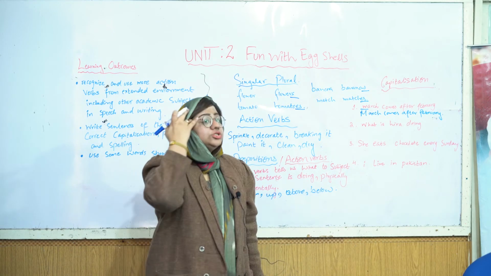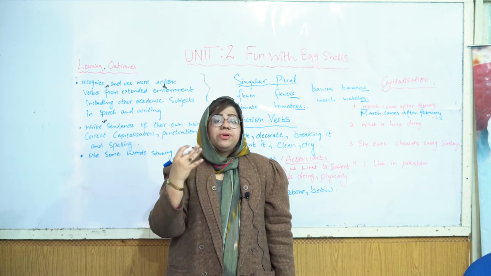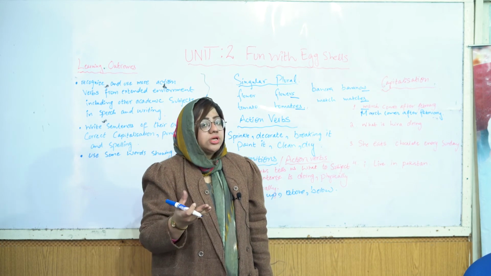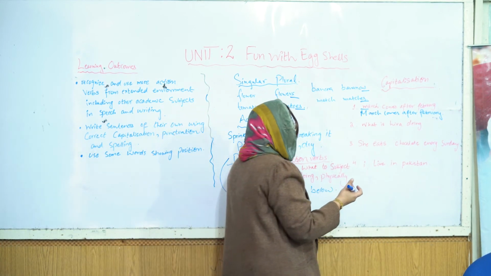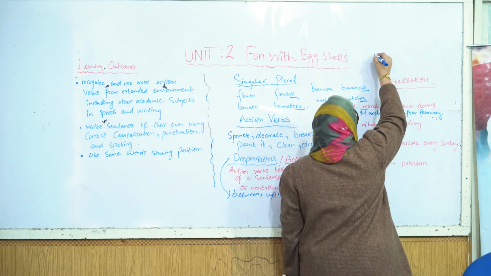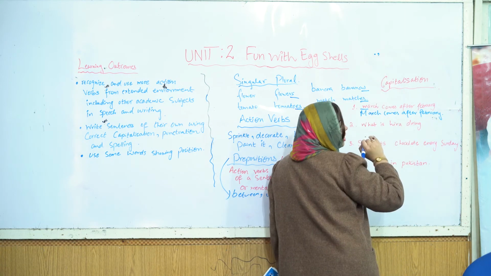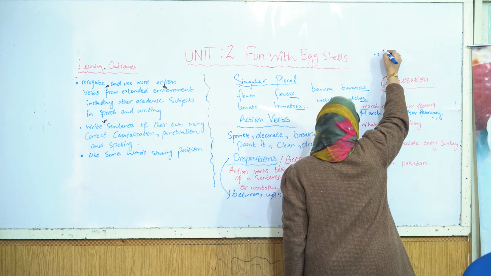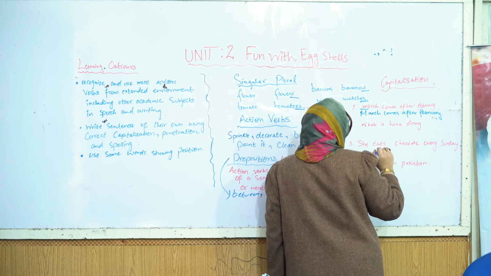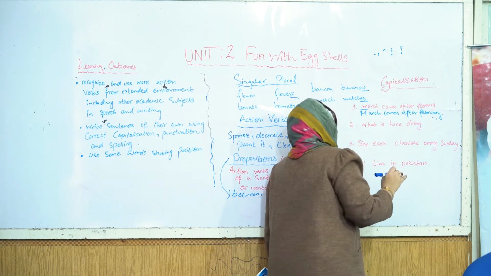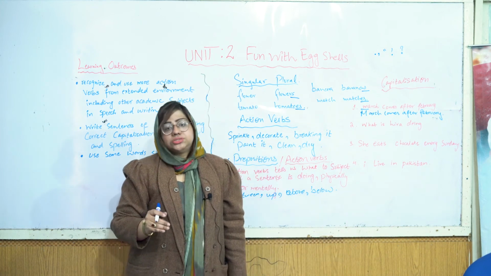What is Hira doing? You need to use capitalization or punctuation. Punctuation, you know that. What are the kinds of punctuation? That is full stop, inverted comma, colon, and something like this, and a question mark. These are called punctuation.